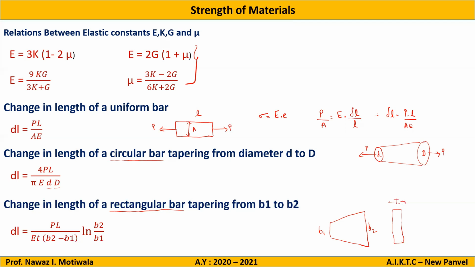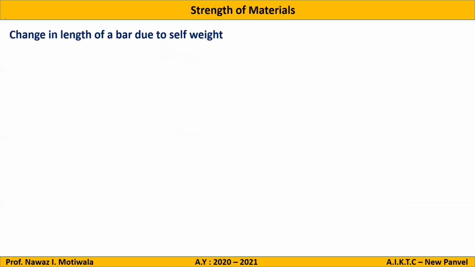Okay, let us proceed to the next part, which is change in length of a bar due to self-weight. Till now we have seen three parts: change in length of a uniform bar, change in length of a circular bar changing from d to D, and of a rectangular bar from B1 to B2. Now let us see the case when the length is changing due to the self-weight. For example, a bar has been fixed on some surface.